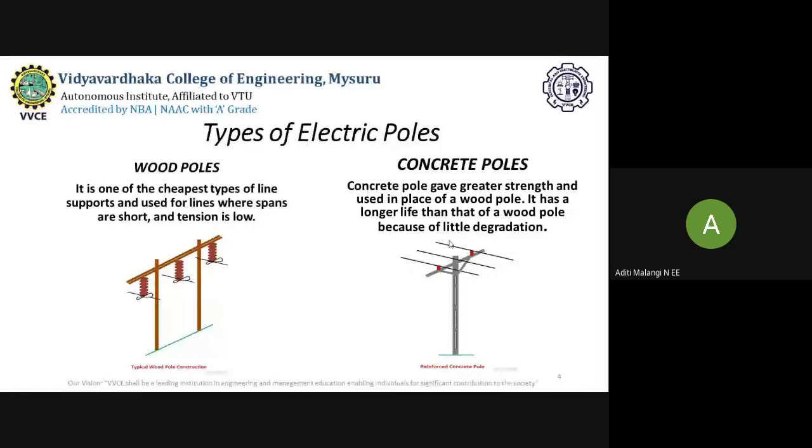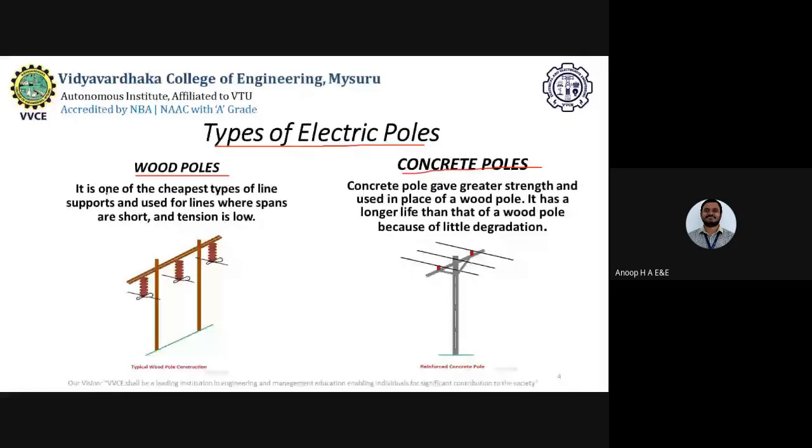Yes, sir. Okay, now when I want to talk about these types of poles, in electric poles you have further division, which is generally called wooden poles, and next we have concrete poles. Why do we generally go for wooden poles?